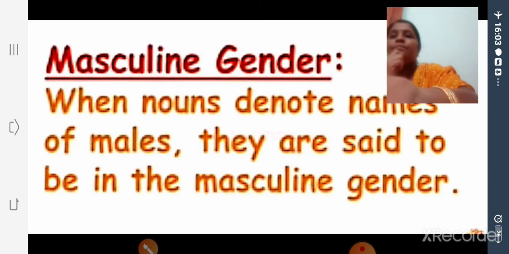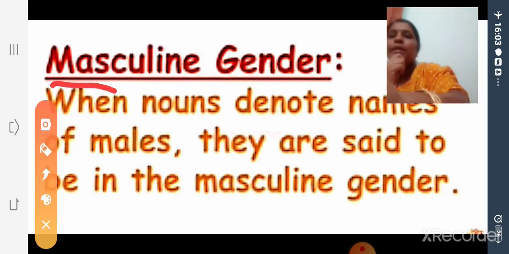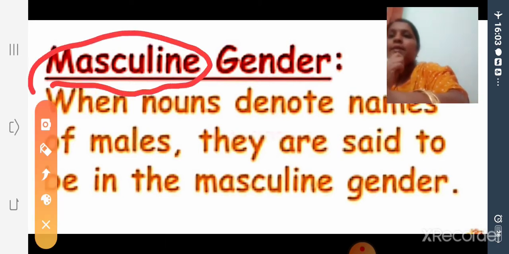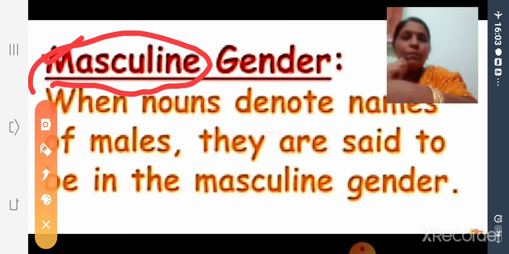So look at here. This word masculine begins with the letter M, isn't it? M stands for male. M for male. So masculine for male gender.